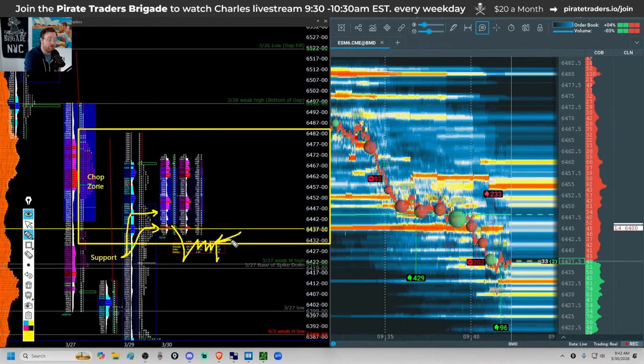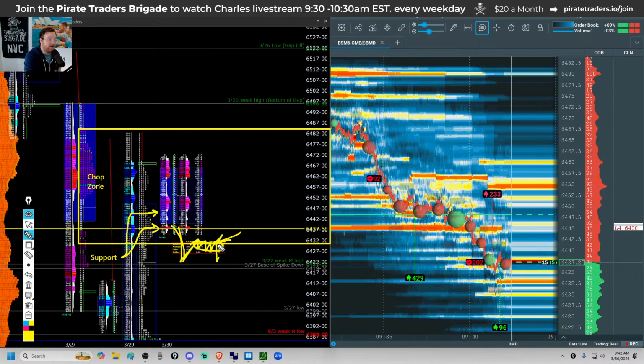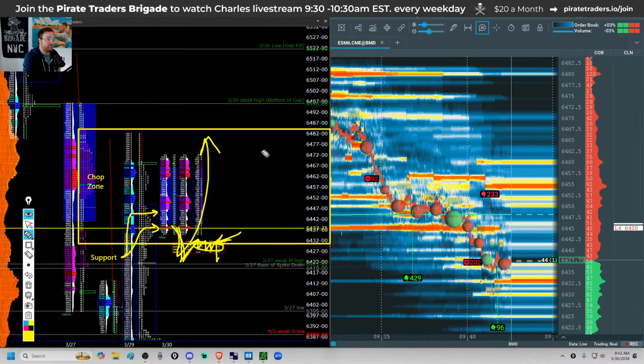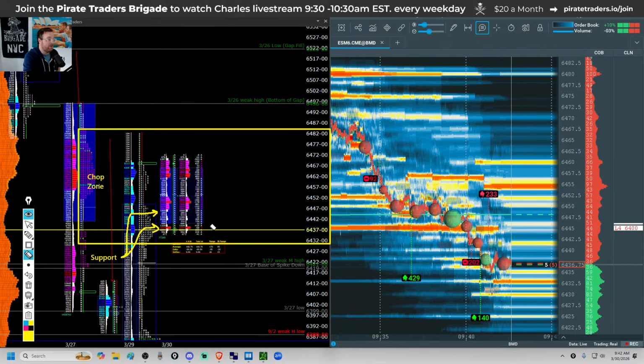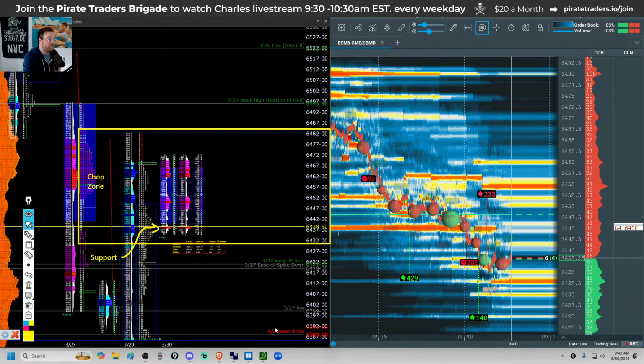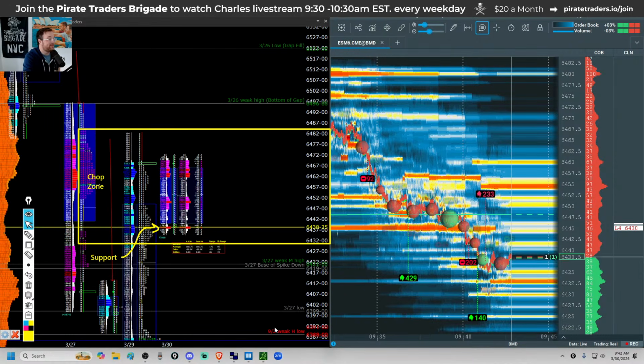That's where we start looking for shorts on the break, backtest, and resistance, because otherwise it'll take about 2 seconds for this market to go boop, boop, and come right back up through that opening price inside the chop zone. It's worth noting we have not had any support yet today, and that is bearish to see, but that doesn't mean the market's ready to go down. It's just giving us a heads up of what it's going to do later.